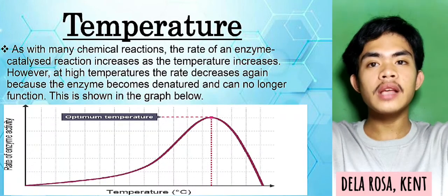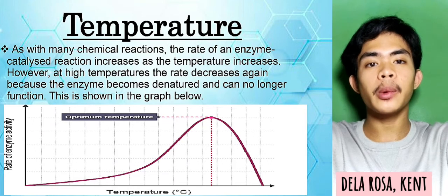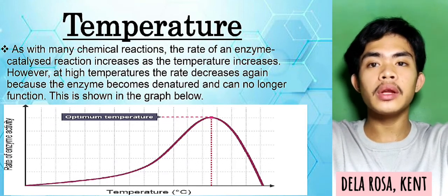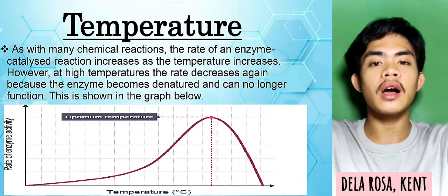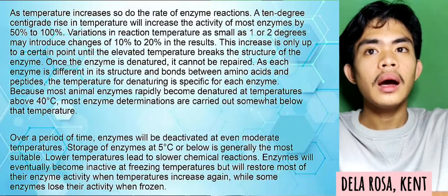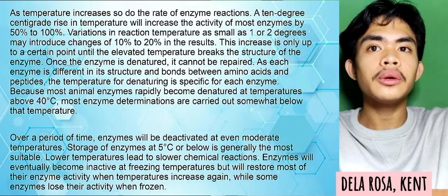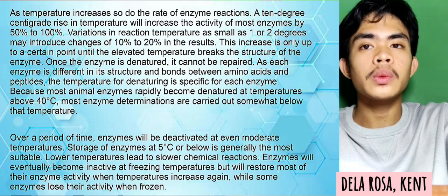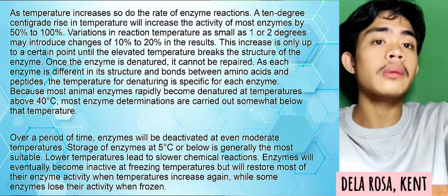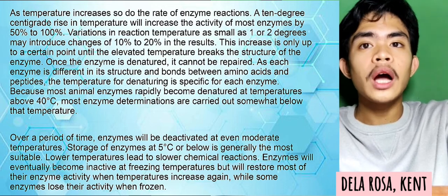The rate of an enzyme-catalyzed reaction increases with temperature, as it does with many other chemical reactions. At high temperatures, the rate slows again because the enzyme becomes denatured and no longer functions. As temperature increases, so does the rate of enzyme reactions. A 10 degrees centigrade rise in temperature will increase the activity of most enzymes by 50% to 100%.